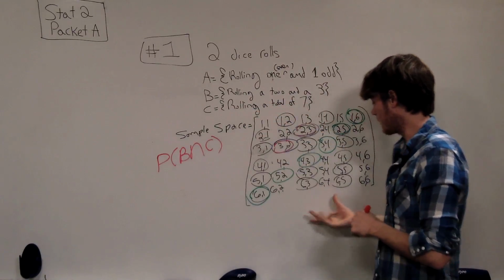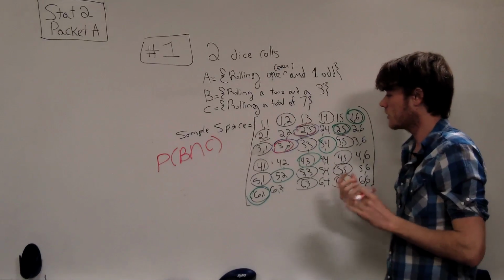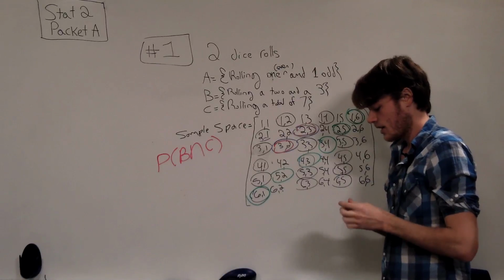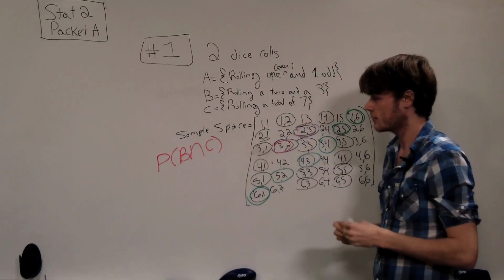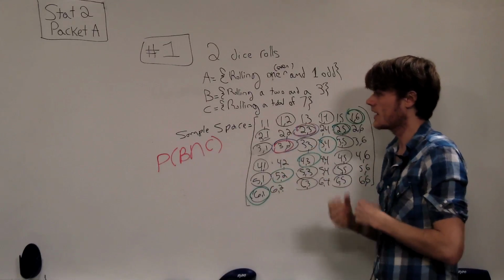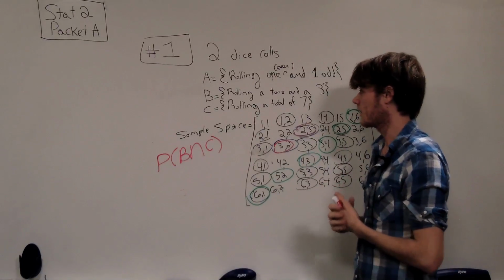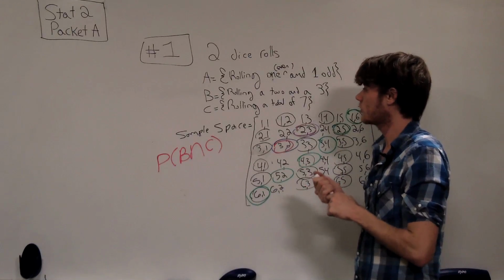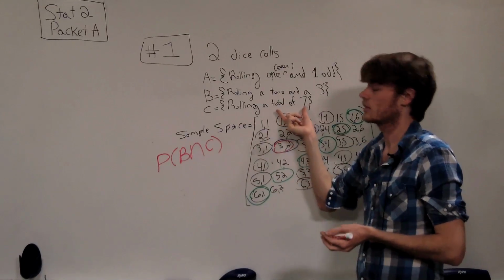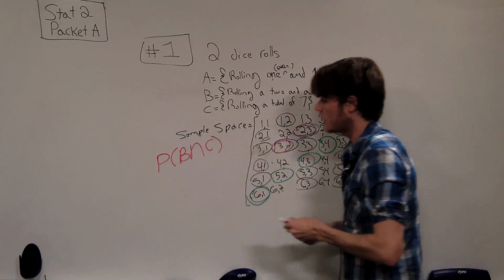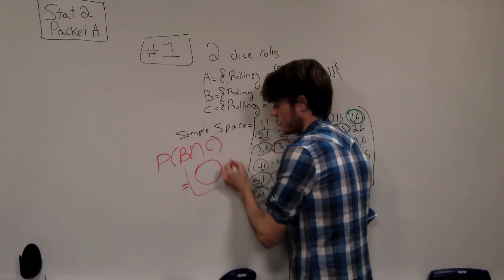Now I want you to look at all the sample space and think to yourself, in how many ways can I get a 2 and a 3, one dice being a 2, one dice being a 3, and then adding them both up to be a 7? And you'll notice that is not possible. You can't get 2 dice, one being a 2, one being a 3, and then them also equaling a 7, because that doesn't make any sense. So the probability of B intersect C actually equals 0, big fat 0.